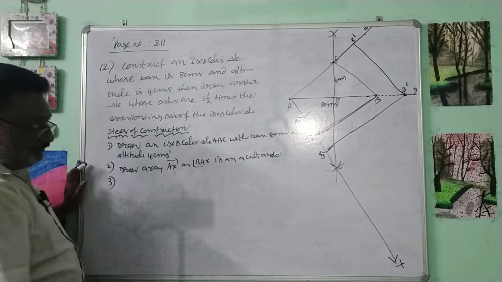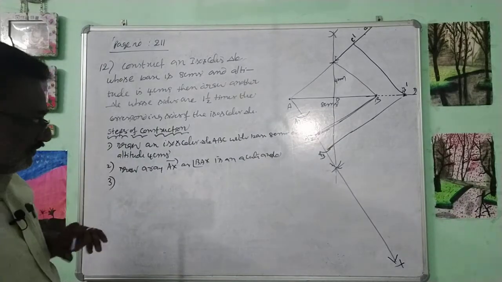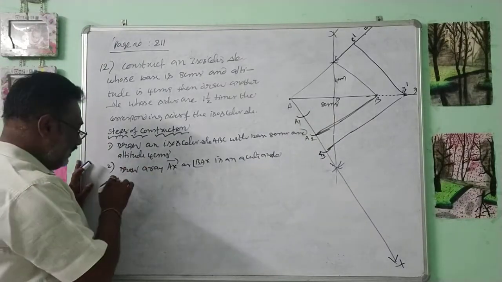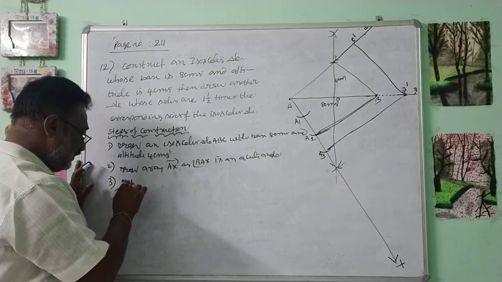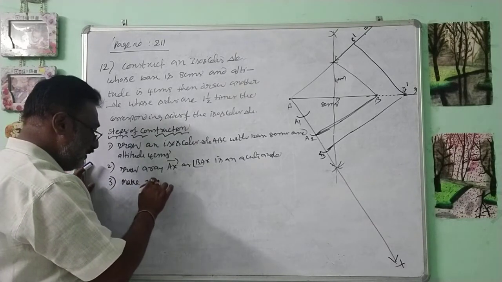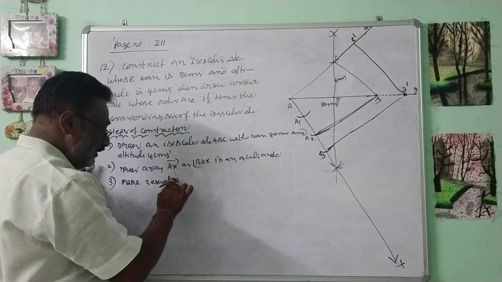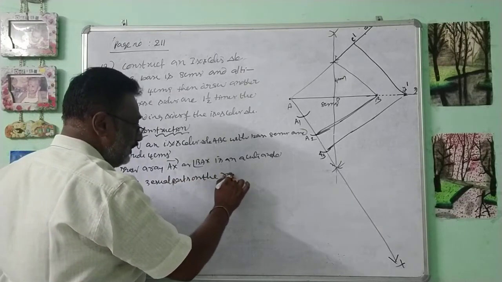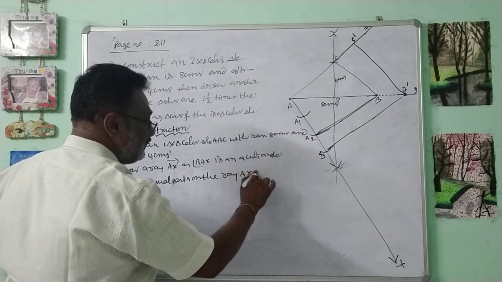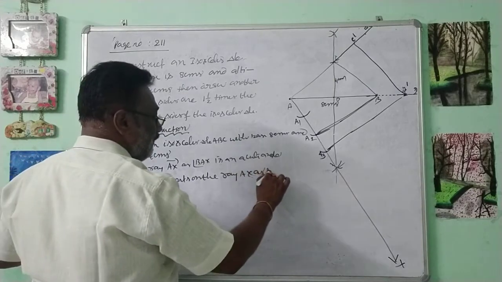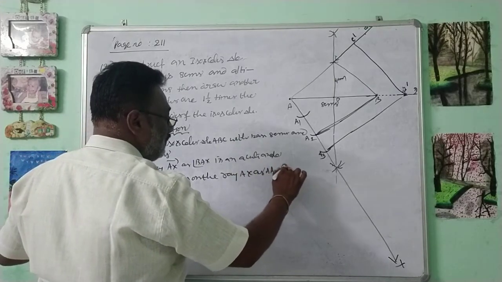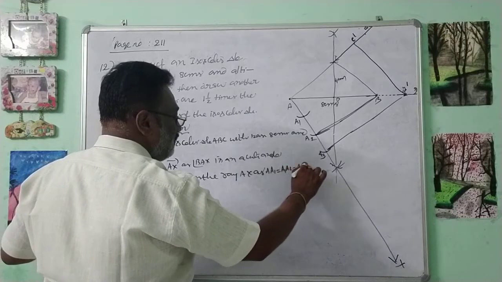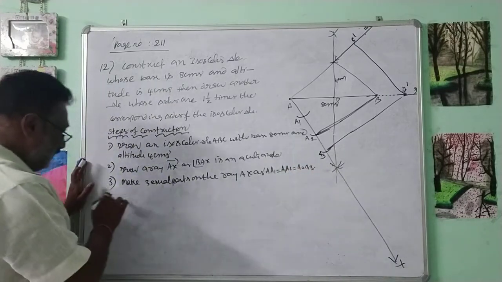Third one, make 3 equal parts on the ray AX as A1, A2, A3, with AA1 equal to A1A2 equal to A2A3.